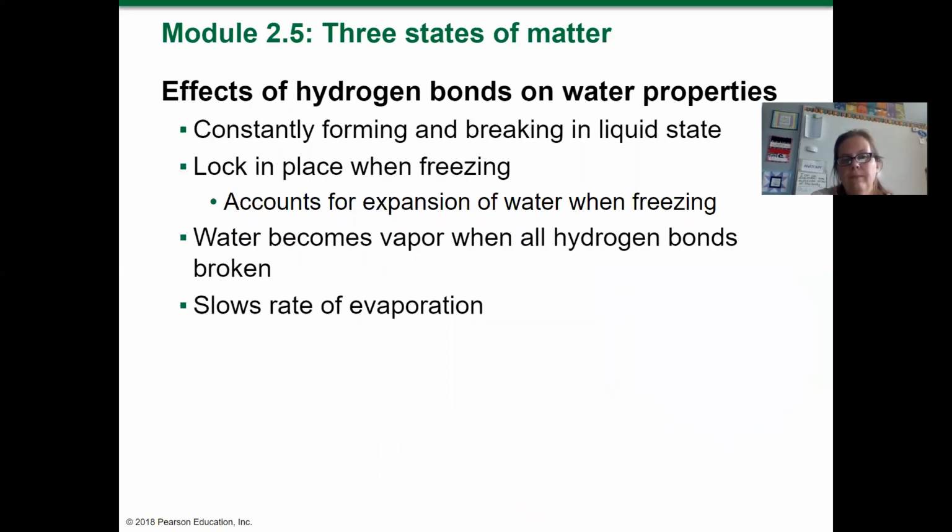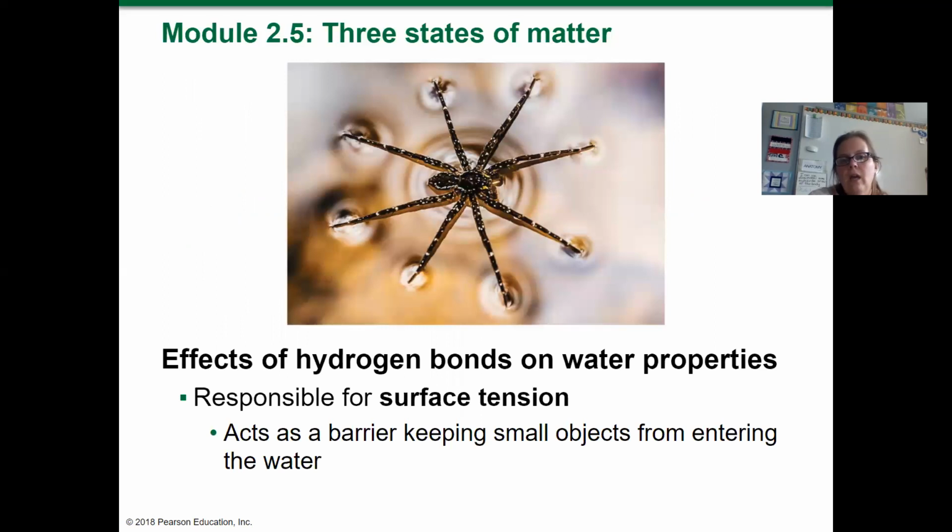Compared to other chemicals, water has a very slow rate of evaporation. You might have seen an insect walking on the water. You may have had a drink and been able to pour it to the tippy top so it has that kind of curve over the top.